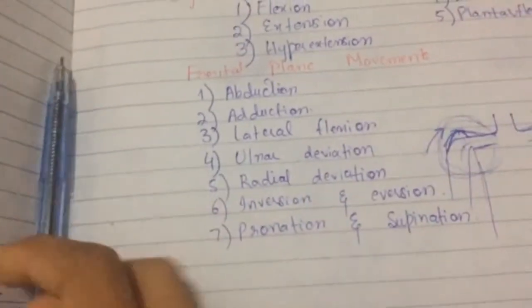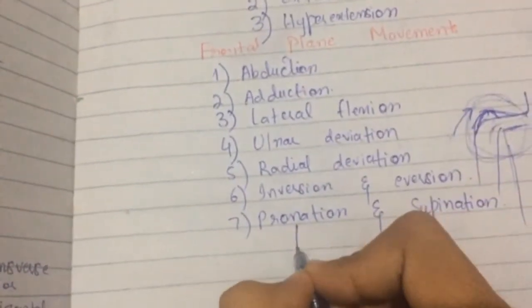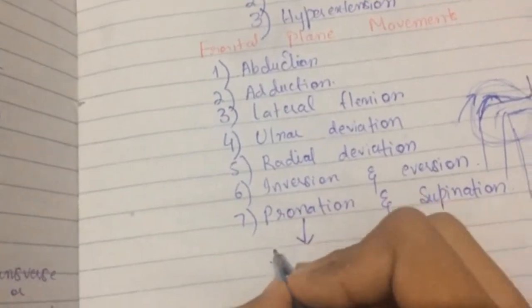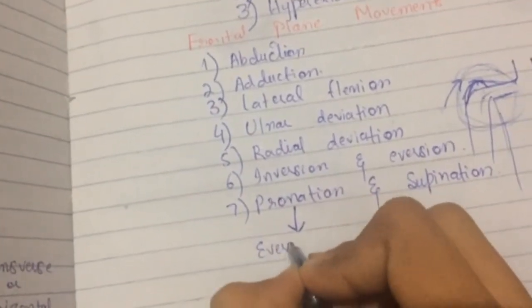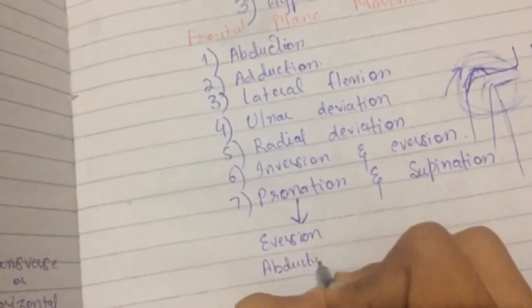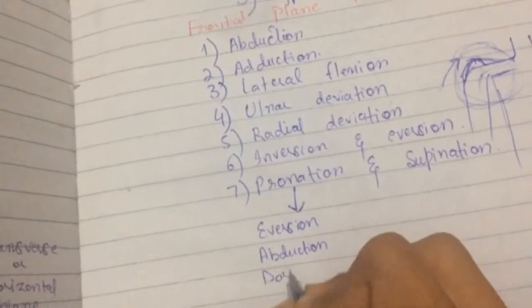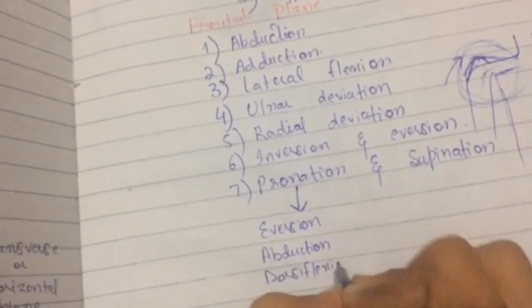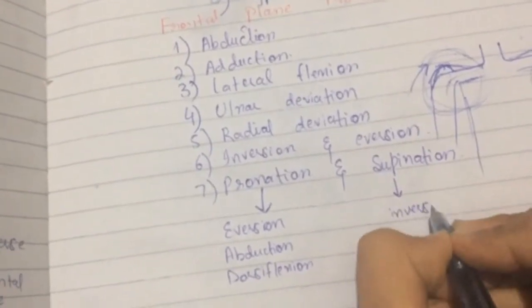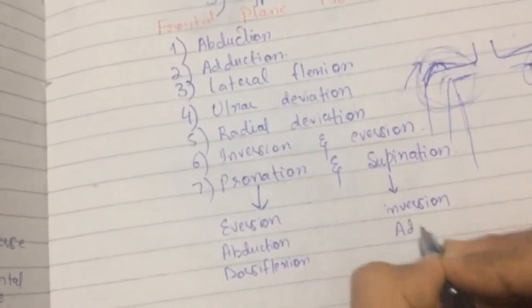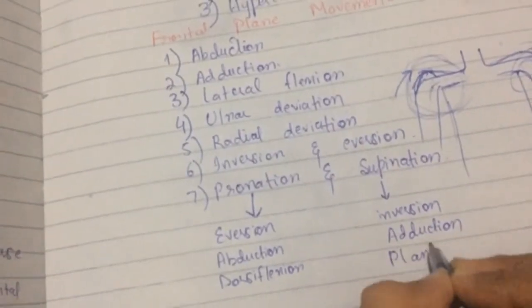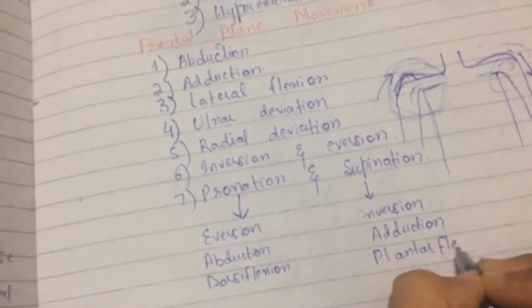And supination includes inversion, adduction, and plantar flexion. So these were the basic movements included in this.